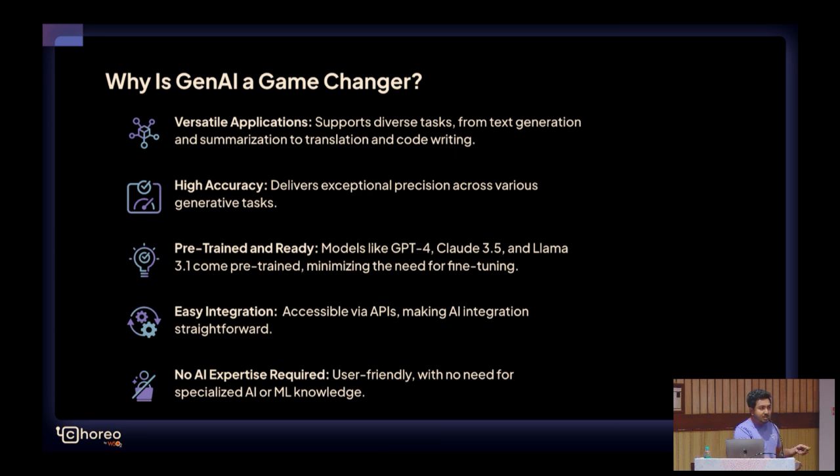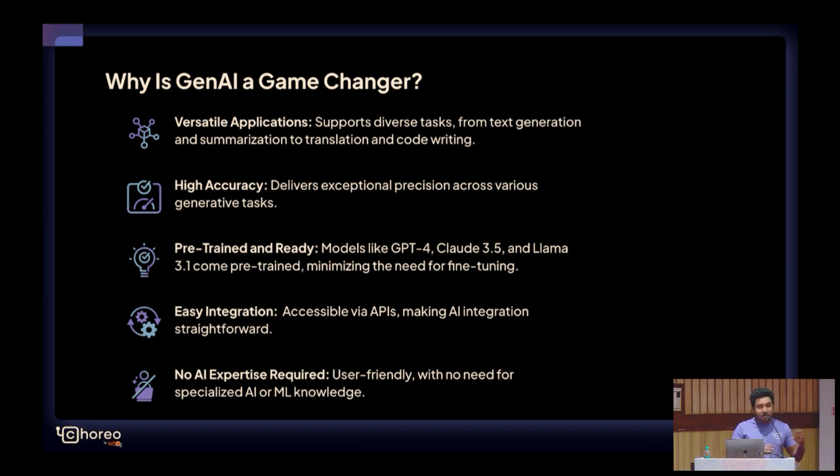It's because GenAI is now applicable to multiple use cases. Unlike before, when machine learning models were specifically trained for a single task, that's not the case anymore. They are also very accurate on most of these tasks. Most of them are pre-trained and readily available for your use, so you don't have to spend a lot of time training these machine learning models anymore. They are also available as APIs, so you can easily integrate them and don't have to worry about deploying machine learning models.